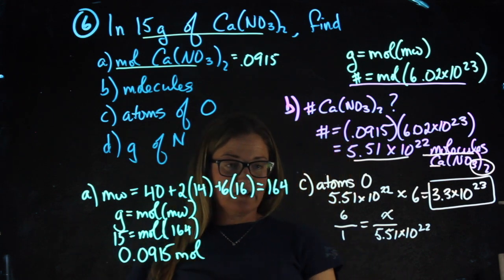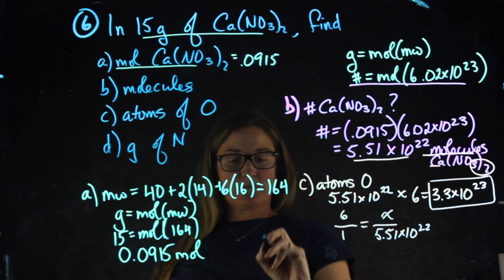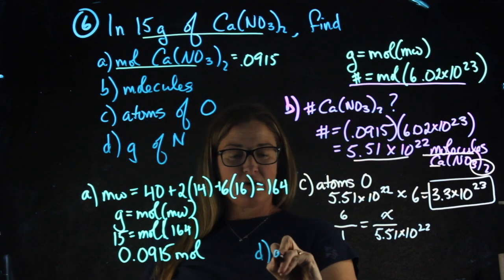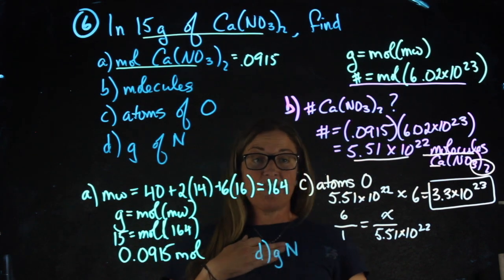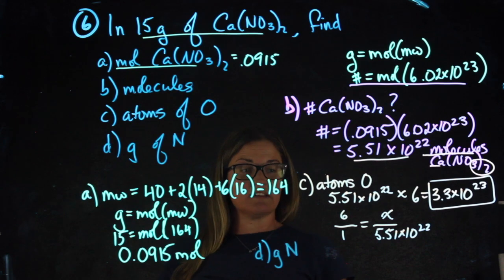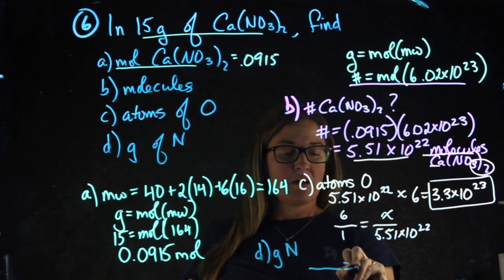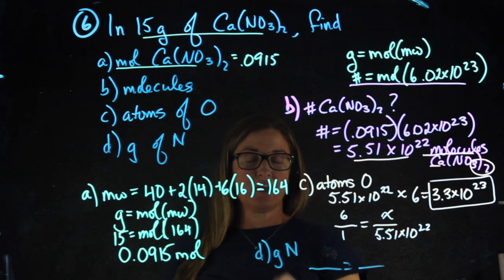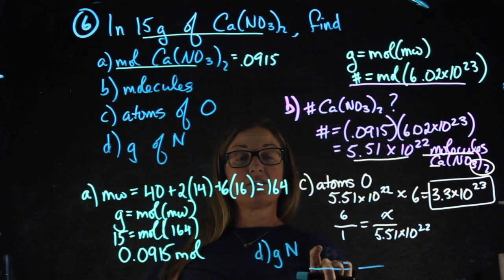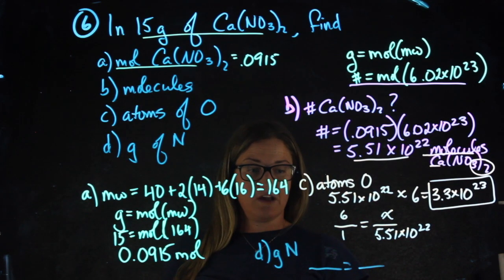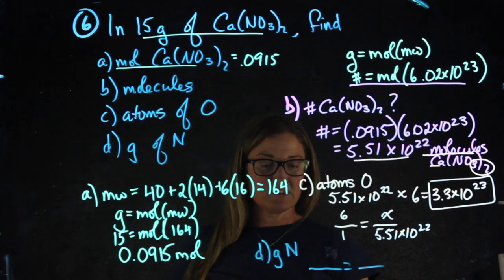D, I want to do it a little differently. D asks me for the grams of N. I think the easiest way to do this is to do percent composition, where on one side of the equation I'm going to use molecular weights, on the other side I'm going to use the masses in grams.